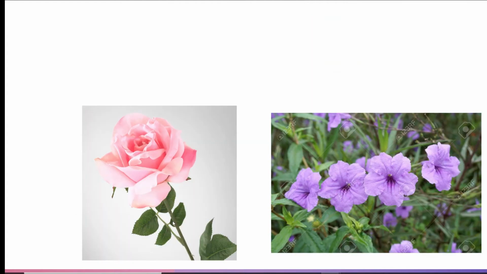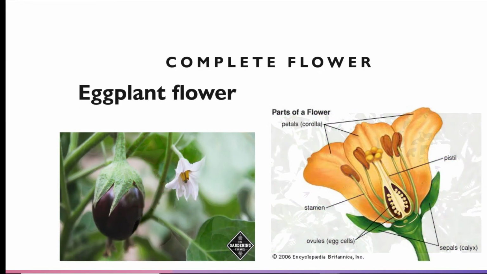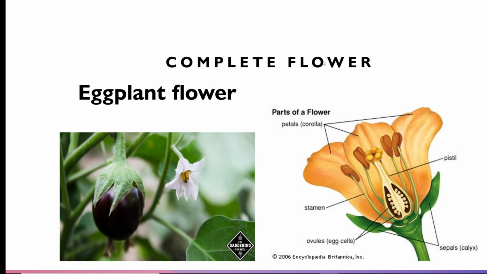Another one here is rose. This is a rose, and we have a complete flower. We also have the eggplant flower. Eggplant flower has 4 parts.